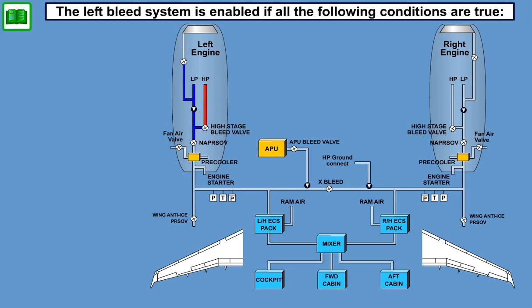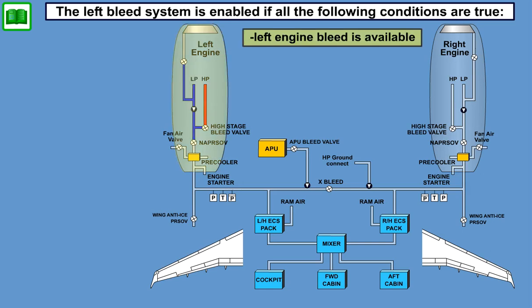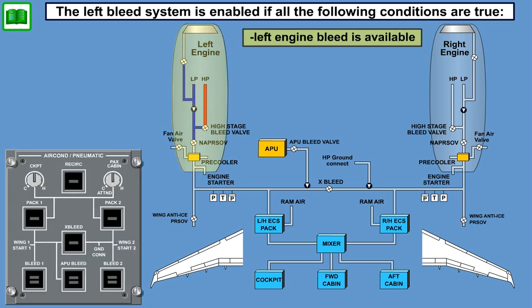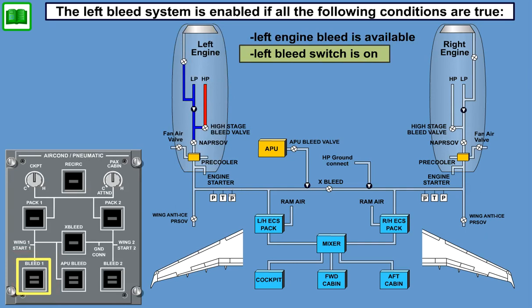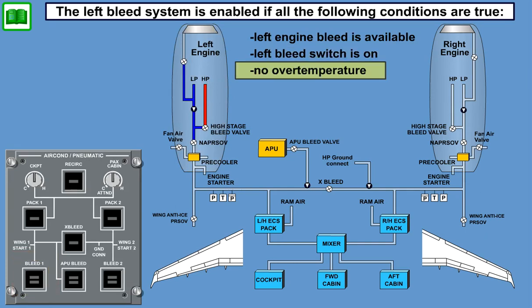The left bleed system is enabled if all of the following conditions are true. Left engine bleed is available. Left bleed switch is on. Left bleed system has not detected an overtemperature, internal or external to the duct, or overpressure condition.